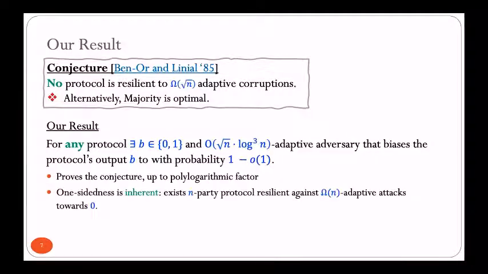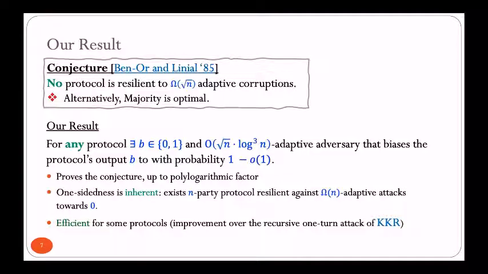In addition, it's interesting to note that the one-sidedness of this result, namely the fact that we can only bias the protocol to some output value and not to an output value of our choice, is inherent. There exist protocols that cannot be biased towards 0 even with a linear amount of corruptions. And last, it's also interesting to note that this attack is even efficient in some settings, which is an improvement over the inherently inefficient attack of Kalai-Komargodski-Raz, since that attack was recursive.